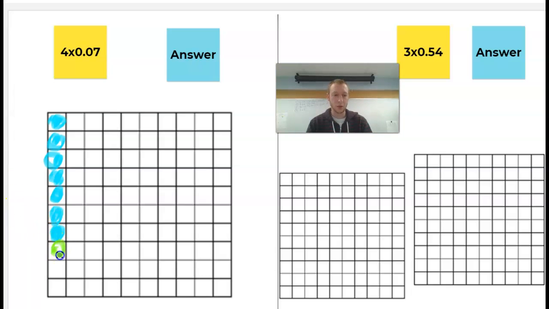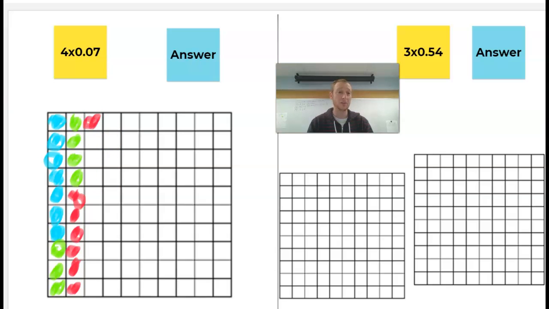Let's use a different color and shade in another 7 hundredths. So let's see. 1, 2, 3. I'm going to go back to the top. 4, 5, 6, 7. So there's 7 hundredths times 2. Let's do 7 hundredths again, times 3, right? Different color. 1, 2, 3, 4, 5, 6, 7.